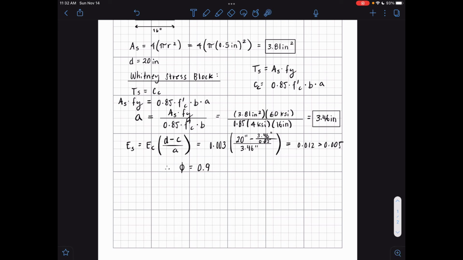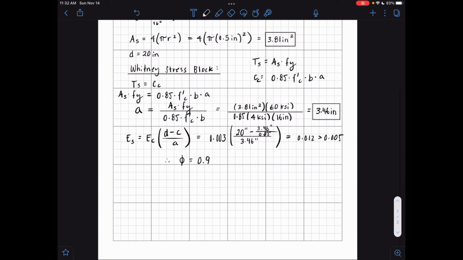So if this value here is greater than 0.005, and this is the strain in the steel, then the strain of the steel here is greater than the strain in the concrete. Therefore, we can determine phi is equal to 0.9.